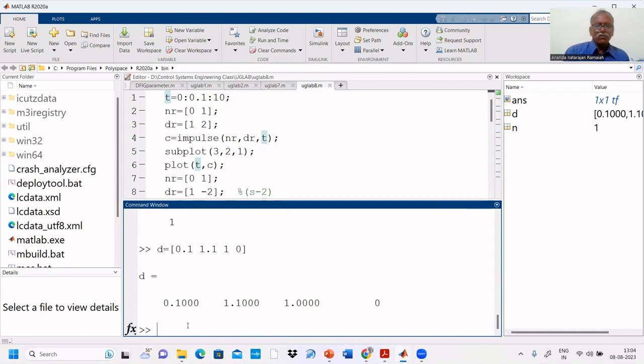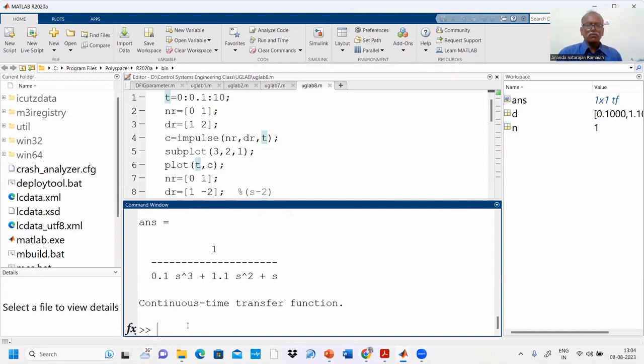Now we have to find the transfer function, using tf of numerator, comma, denominator. Enter. So we got the transfer function 1 upon 0.1 s cube plus 1.1 s square plus s.